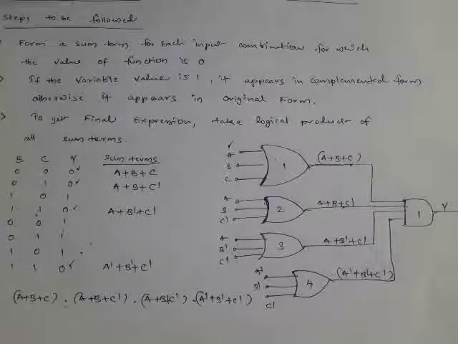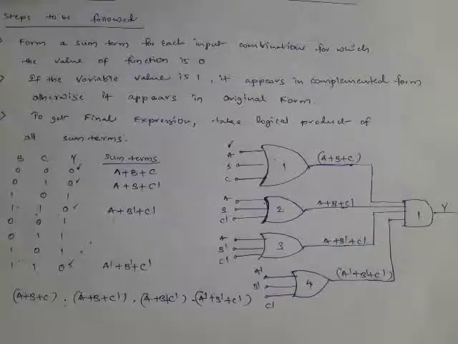So for any Boolean expression, we can directly draw a logical circuit by using basic logic gates without simplifying the expression. But we can also simplify the expression, and from the final simplified expression, we can draw the logic circuit.